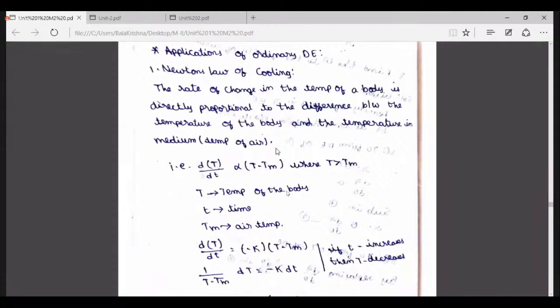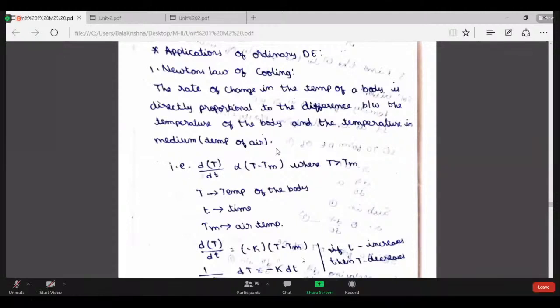So when you change this statement into mathematical form, the rate of change in temperature of the body or object with respect to time, that is dT by dt, where capital T indicates the temperature of the object and small t indicates the time, is directly proportional to the difference between the temperature of the object, that is capital T, and the temperature in the medium, that is air, that is Tm.